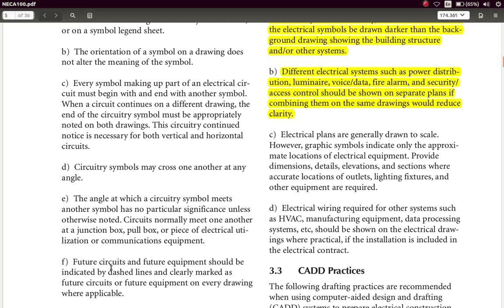Further, future circuits and future equipment should be indicated by dashed lines and clearly marked as future circuits or future equipment on every drawing where applicable.